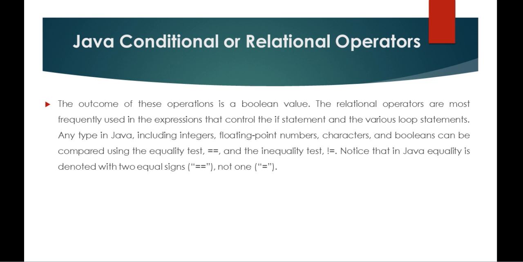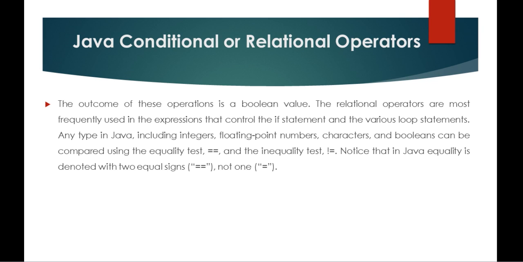The outcome of these operations is a Boolean value. The relational operators are most frequently used in the expressions that control the if statement and the various loop statements. So, any type in Java, including integers, floating point numbers, characters, and booleans, can be compared using the equality test and the inequality test. Notice that in Java, equality is denoted with two equal signs, not one.